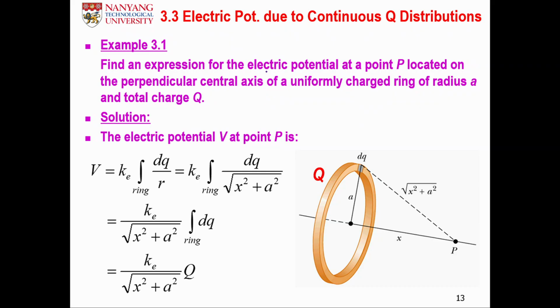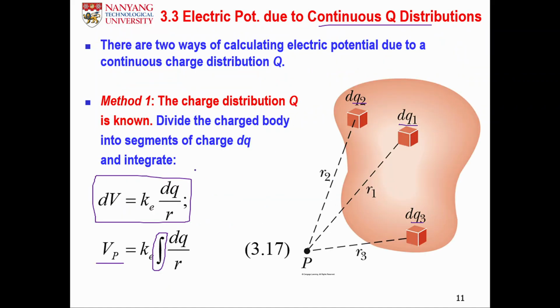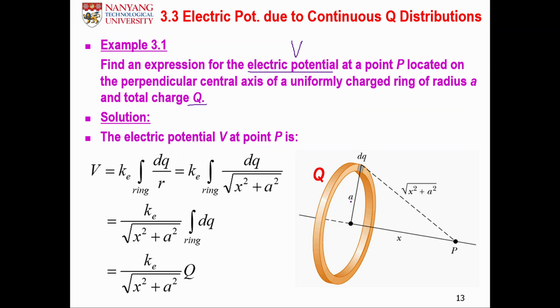It asks you to determine the electrical potential V at the point P located on the perpendicular central axis of a uniformly charged ring. The total charge carried by this ring is capital Q. So again, generally we have this method 1 and method 2 to determine the V, right? In this case, how are we going to do it?